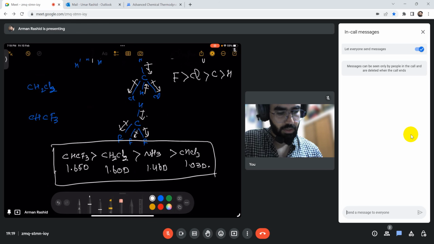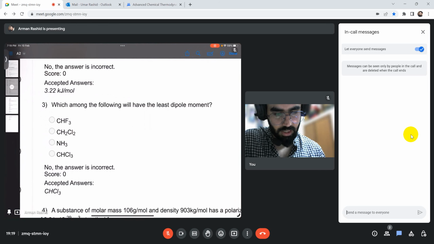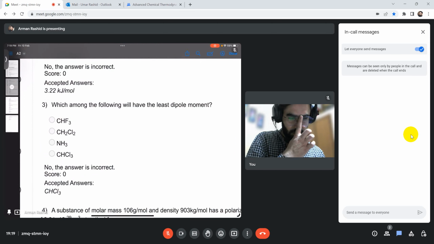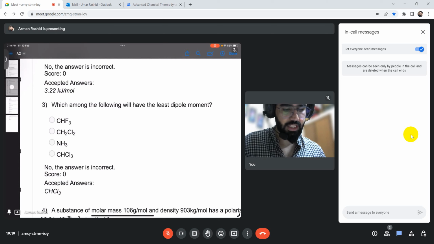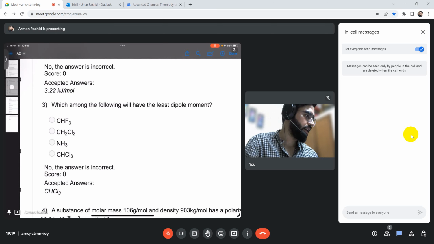The maximum is CH3CF3, we can determine. The least dipole moment is CHCl3, so CHCl3 is the right answer.